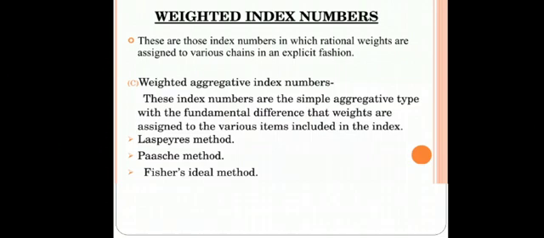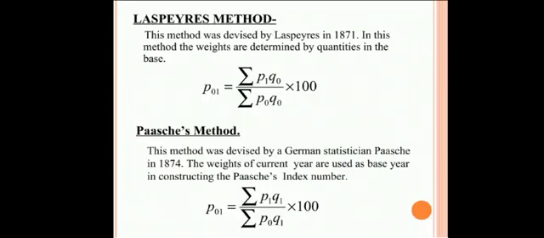There are three methods: Laspeyres, Paasche's, and Fisher's. In Laspeyres' method, the weights are determined by the quantity in the base year, and the formula is summation P1 Q0 divided by summation P0 Q0 into 100.